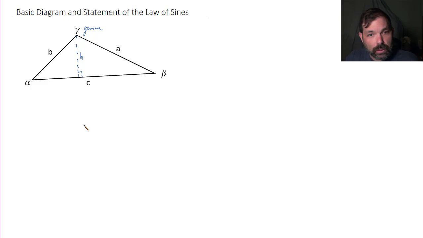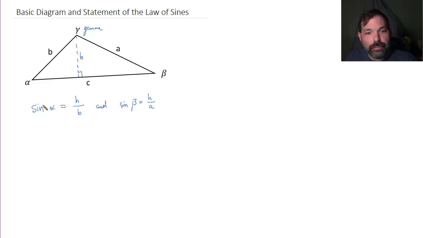Well, then it's pretty easy to see that the sine of the angle alpha is equal to h over b, and the sine of the angle beta is equal to h over a, using right triangle trigonometry.